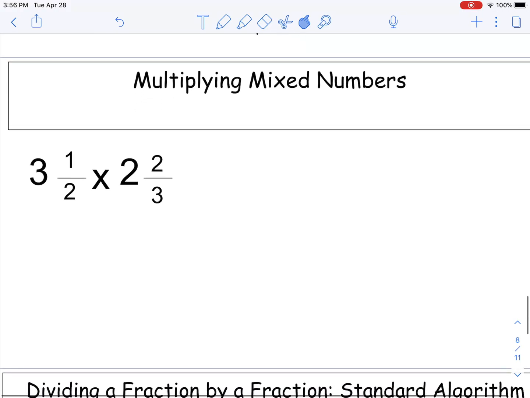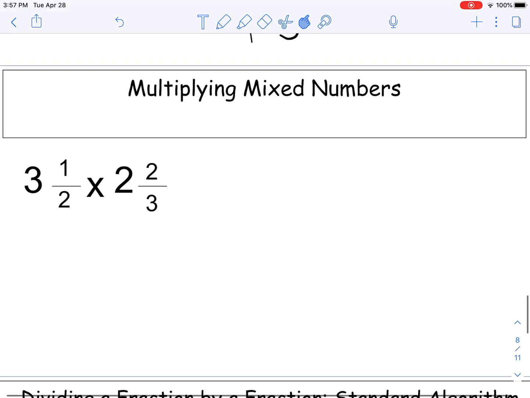Multiplying mixed numbers. This one, we have to do a little bit of work. Remember, when you multiply mixed numbers, you have to convert them to improper fractions first. That's when we're going to do that. Denominator times whole number, plus the numerator. So 2 times 3 is 6, plus 1 is 7. Keep the denominator.